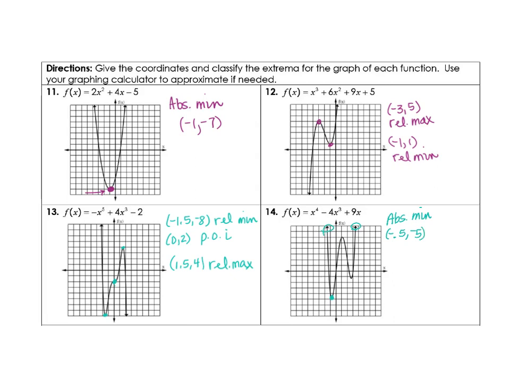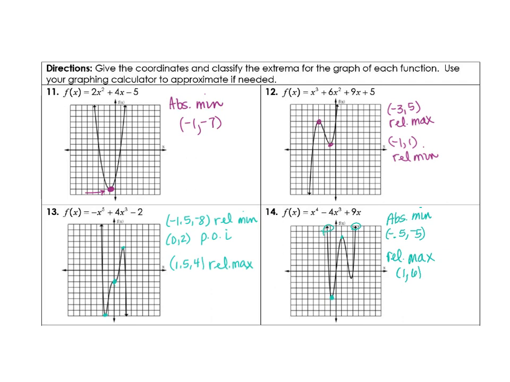And then our next one, if we trace along here, looks like we have a relative max. To estimate that point, it looks like we're going to have about 1.1-ish, maybe we'll just say 1, comma, and it looks like all the way up to about 6.